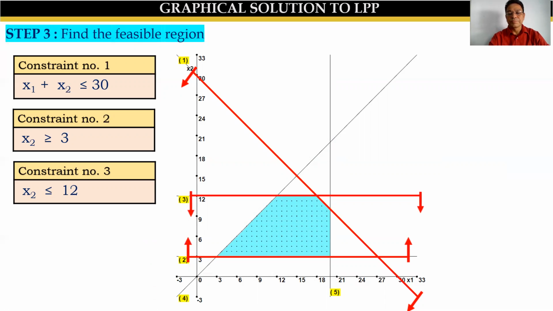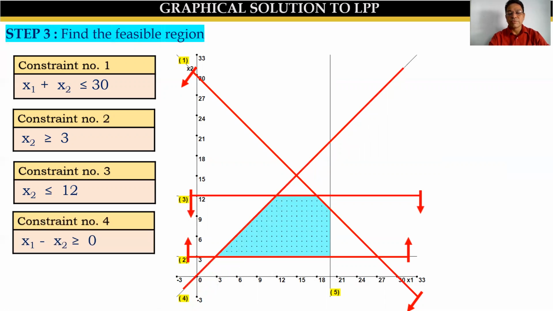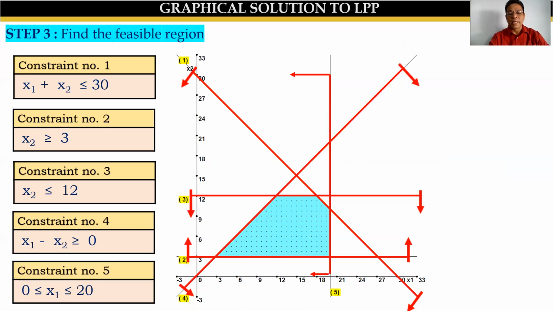The fourth constraint says that x1 minus x2 should be greater than or equal to 0. And the last constraint says that x1 should lie between 0 and 20. So this is now the region which is left out of the entire region. This is the feasible region.